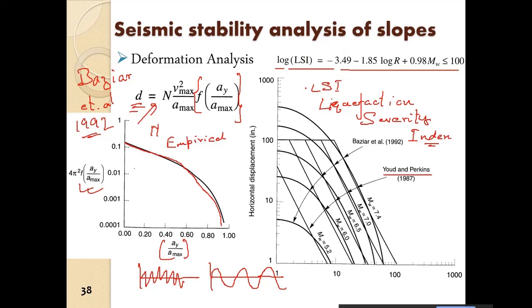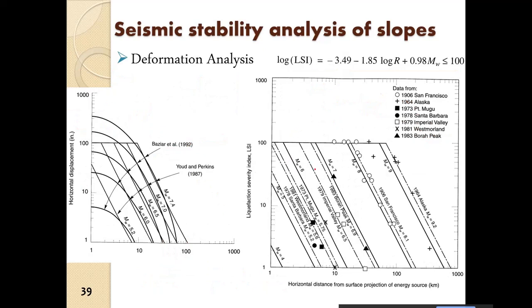Okay, and for various indexes, based on observed lateral displacements, basically case histories again. Based on the lateral displacements which have been observed, most of the case histories they considered were of lateral spreads.